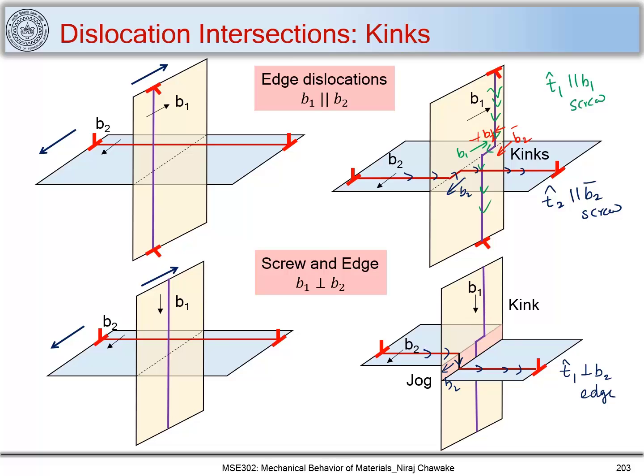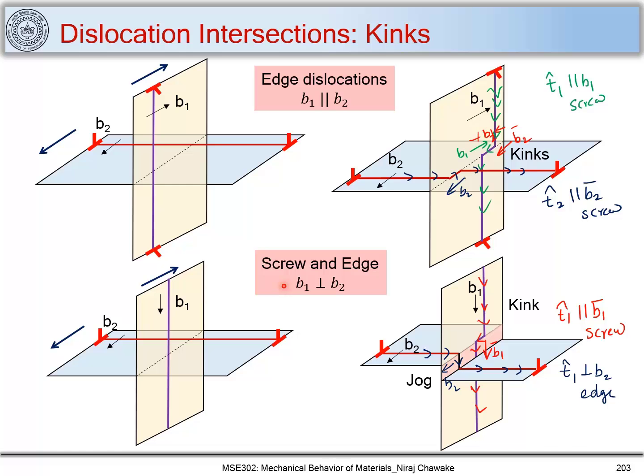You have the tangent vector going in this way, and the Burgers vector along this way. So tangent vector T1 is parallel to Burgers vector B1. So this is screw nature. The kink formed on B1 has a screw nature.